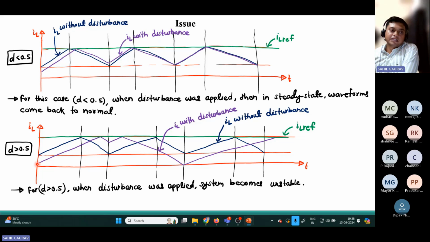Some disturbance makes the inductor current start from here, and it gets charged till here, and after that it wants to go over the IL difference value. So this controller will switch off the circuit, and the inductor will get discharged. Again, this clock will provide the signal to turn on the switch.